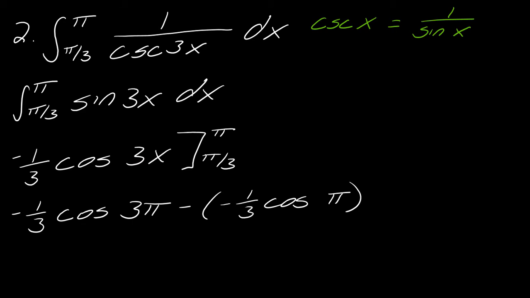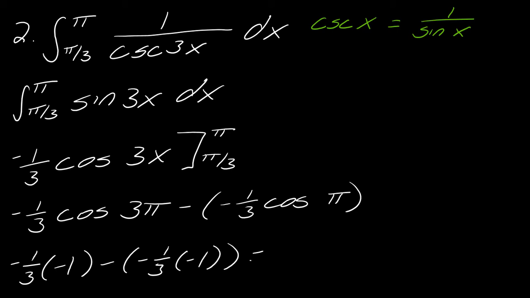So then this will turn into, let's see, cosine of 3 pi is going to be equal to negative 1. So this will be negative 1/3 times negative 1, and this will be negative 1/3 times also negative 1. So let's see, this becomes 1/3 minus 1/3, so that equals 0. And so that would be the answer.